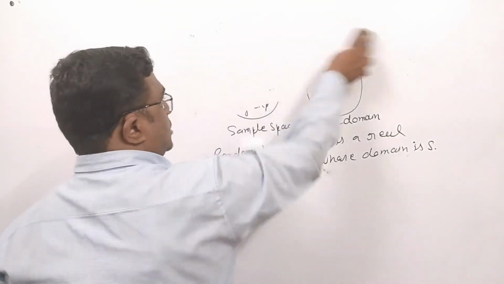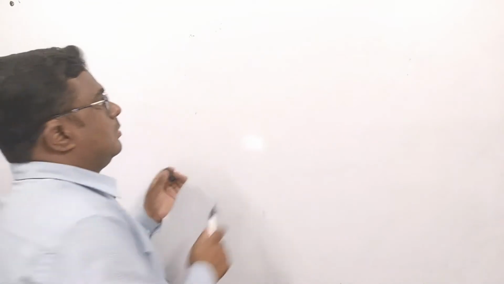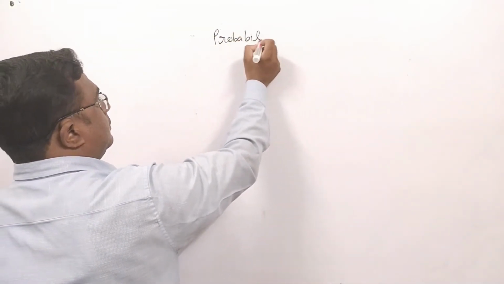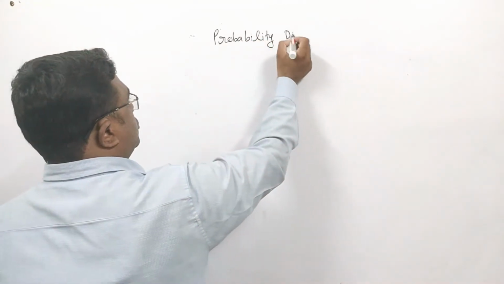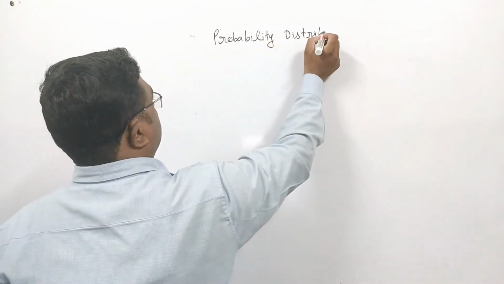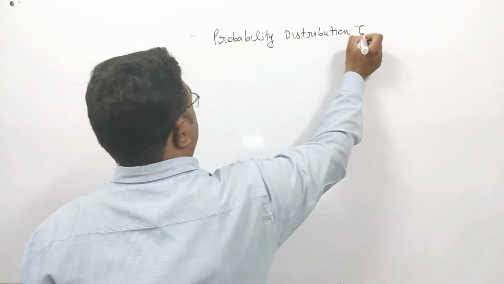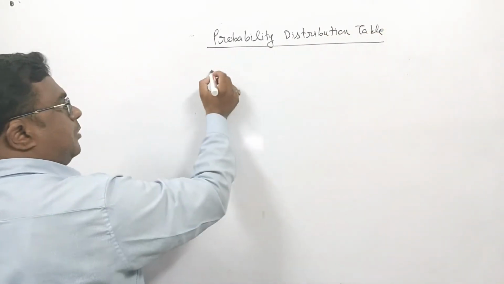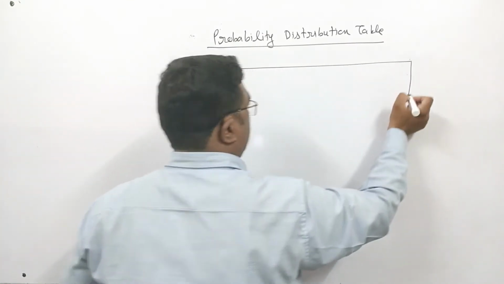So after this, our next topic is probability distribution table. Probability distribution is a simple table having two rows.